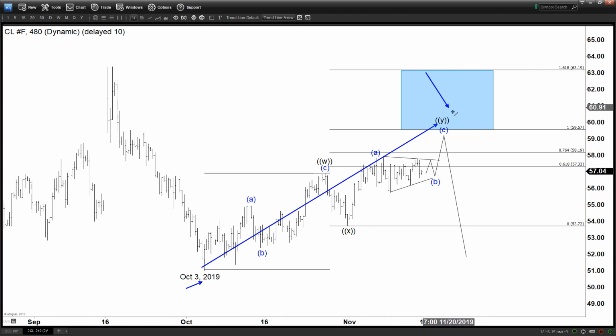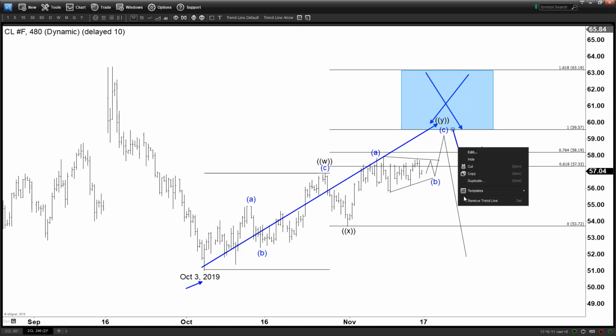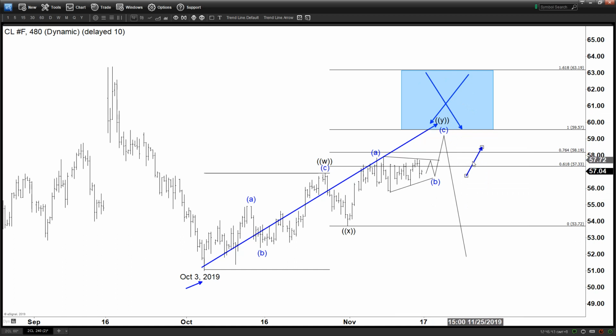That means this area should produce sellers. Sellers should appear from this box to drive oil down again, either to a new low, or at least give us a pullback like this from this area. Okay, so that's the outlook for oil.